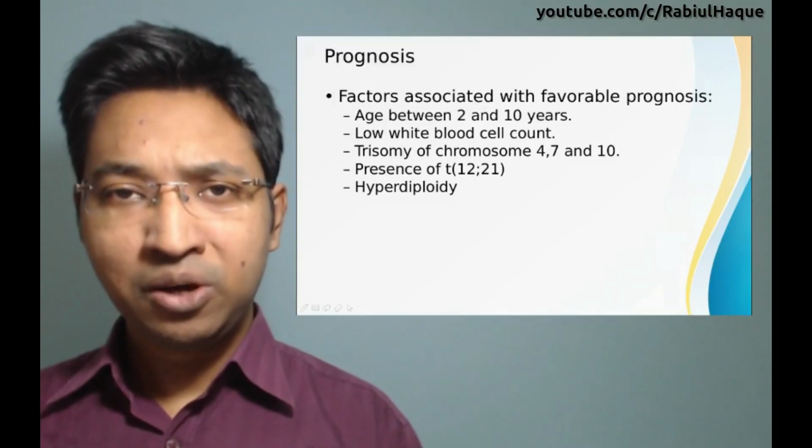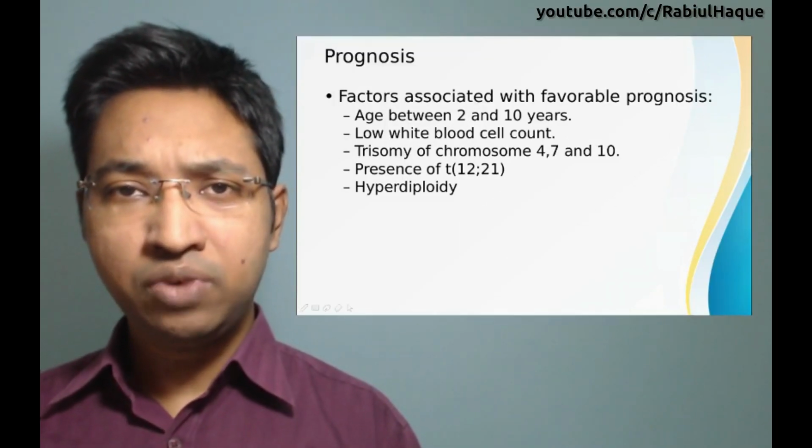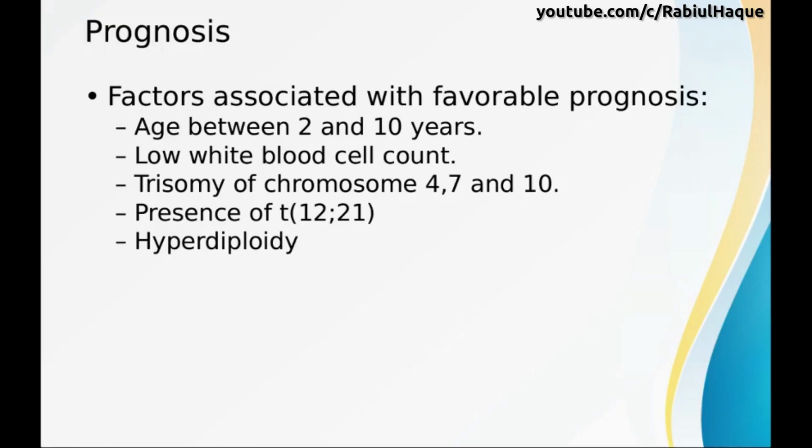Now let's talk about the prognosis, and this is very important to know. Now this slide is very important for your examination, particularly for your multiple choice questions. The examiners are very fond of asking about the factors that are associated with favorable and unfavorable prognosis.